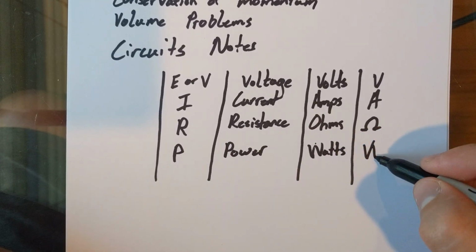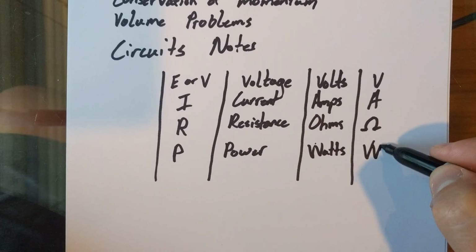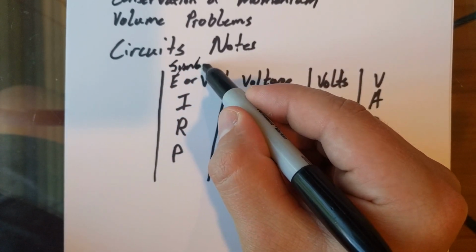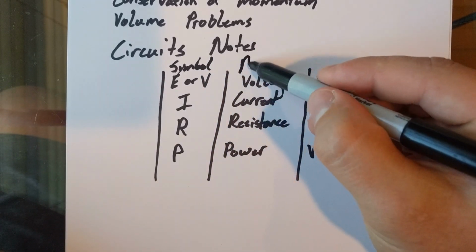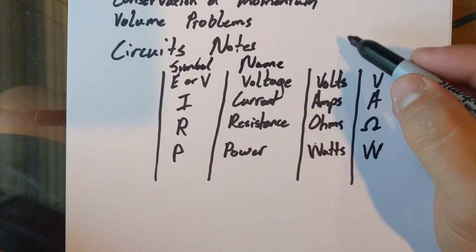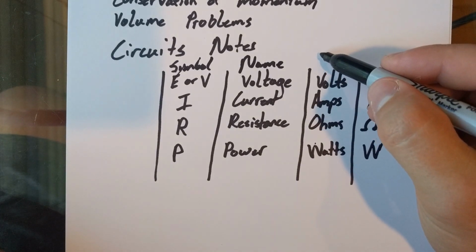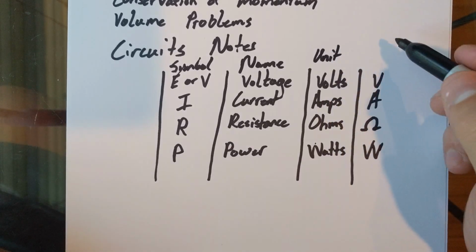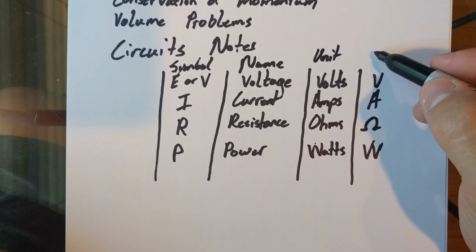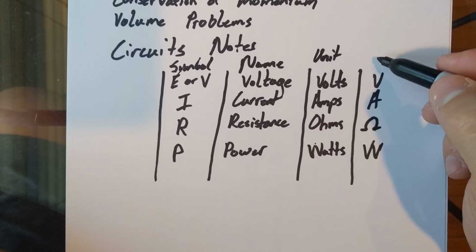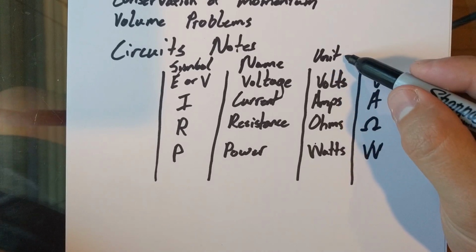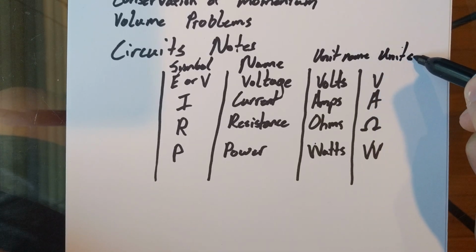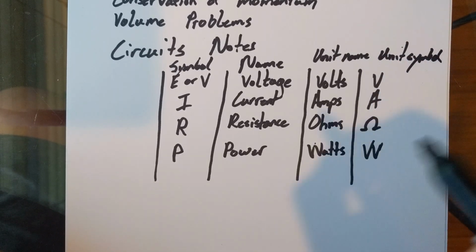It's going to have just a big W. So this would be the symbol, the name, the unit description, and then the way to write the units. So the unit name, I guess, unit symbol. Okay?